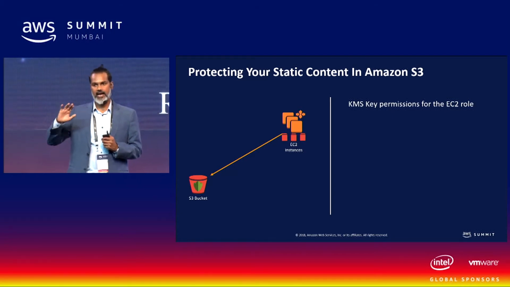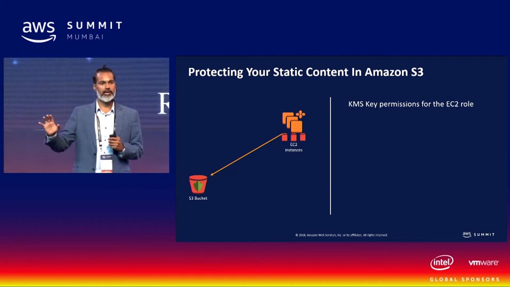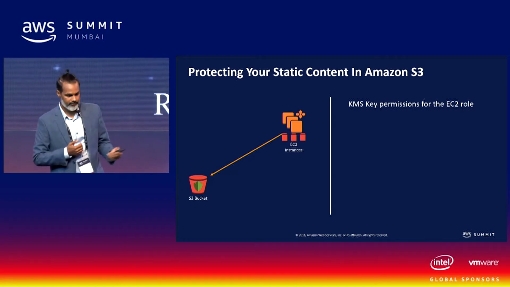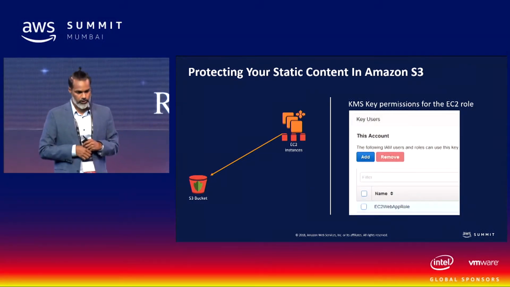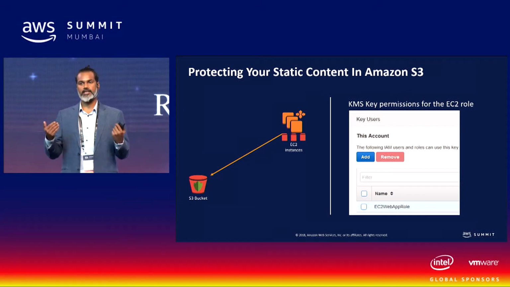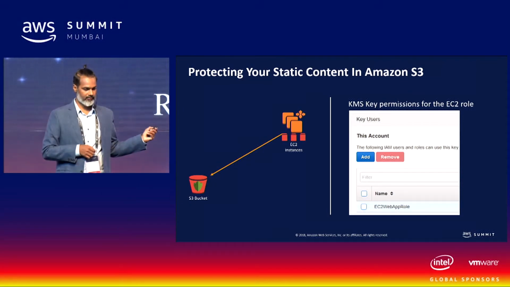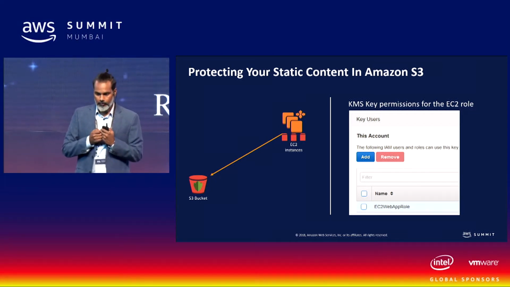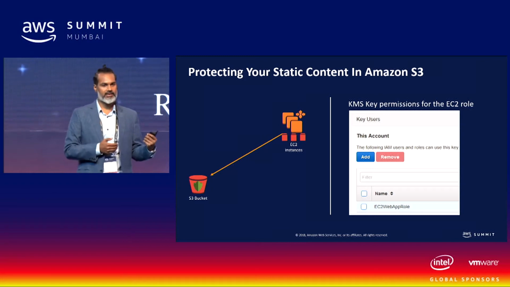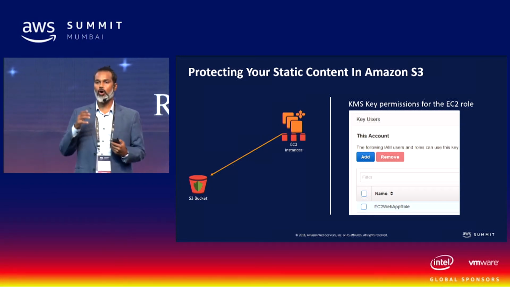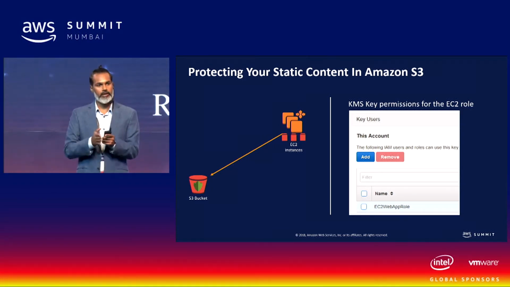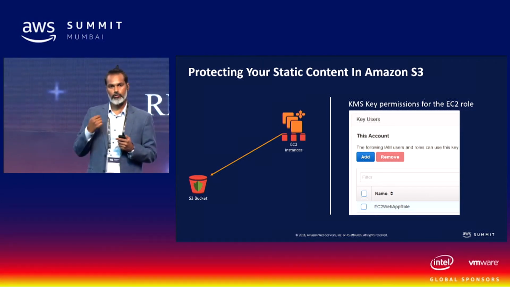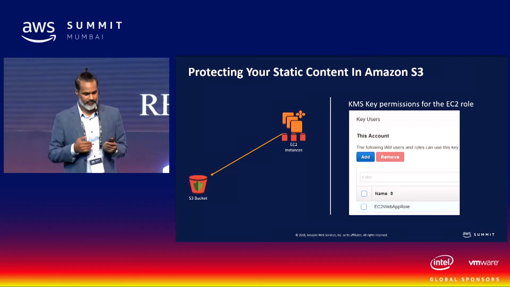If any other application or any user tries to access the data, they will not get the data in plain text. So you define permission for the keys. You define an IAM role. For the EC2 IAM roles, you don't have to put any kind of access key and secret key. IAM roles are for automated access between services. So if you are running an application on EC2, you add an IAM role to access S3.